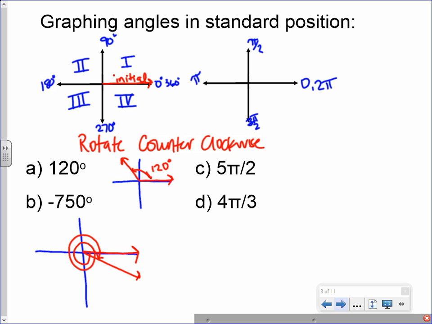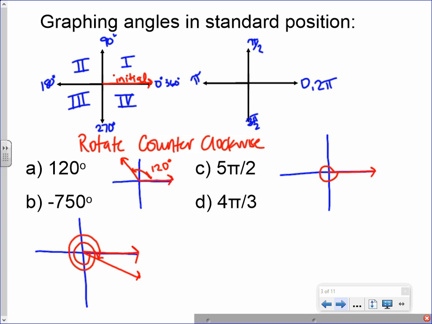If you don't practice, you're not going to get comfortable with it. So, 5 pi over 2. Is that bigger than 2 pi? It is. If it helps, we can think about the fraction without the pi. Is 5 halves bigger than 2? Yes. And 5 pi over 2 is bigger than 2 pi.